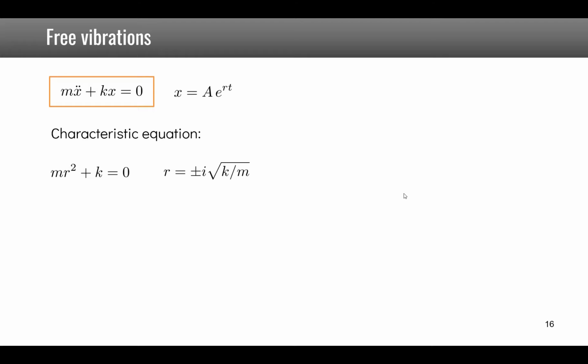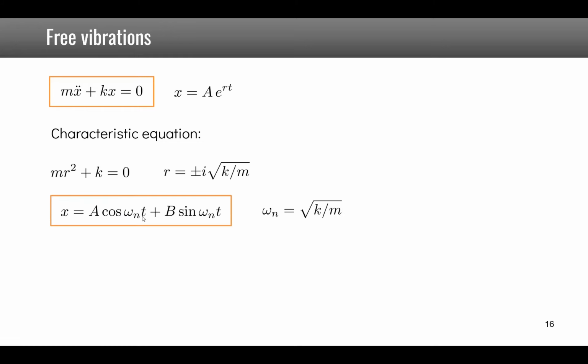If we replace this r in here and take into account trigonometric relations, we can show that x is the sum of a cosine function plus a sine function, where the frequency omega n is given by the square root of k over m.